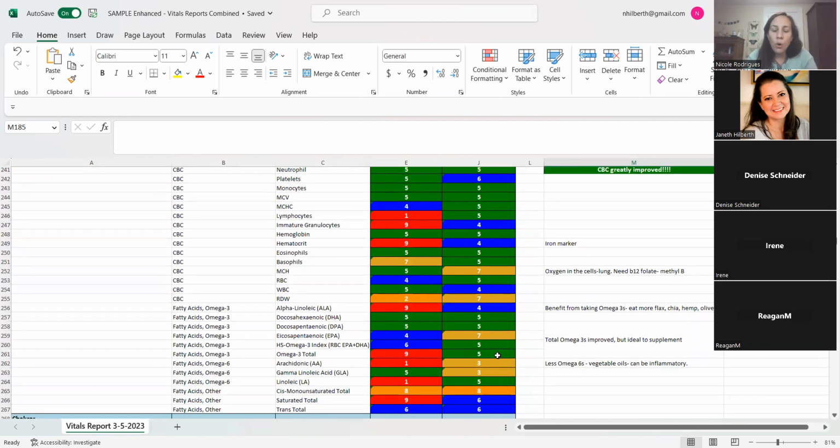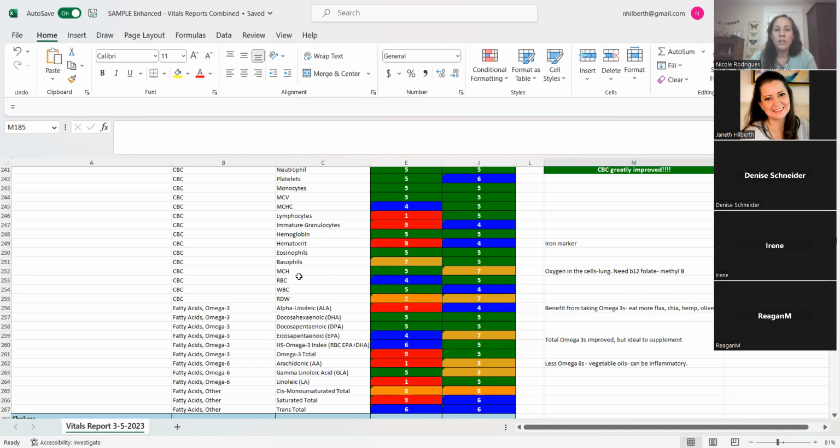But over the 4 scans, his omega-3s were being flagged multiple times. They did improve, but it's something you would want to suggest: you might want to consider taking a nice fish oil, a good omega-3, and they can also eat more of the omega-3 foods.